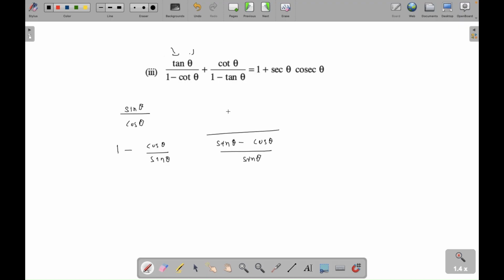Right? The numerator becomes sin theta upon cos theta. So if we take this to the numerator, we'll get sin square theta upon sin theta minus cos theta times cos theta.